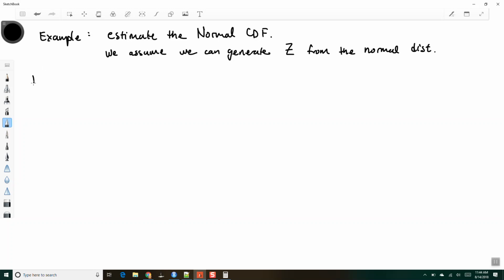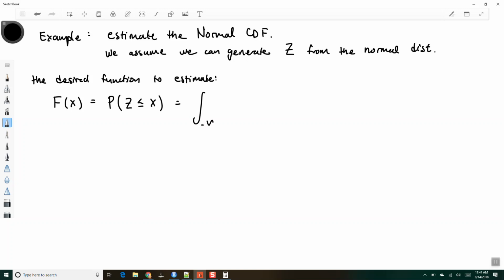So the desired function to estimate is going to be defined as f of x, which is going to be the probability that z is less than or equal to x. And this is defined going from negative infinity to x of the normal PDF dt.